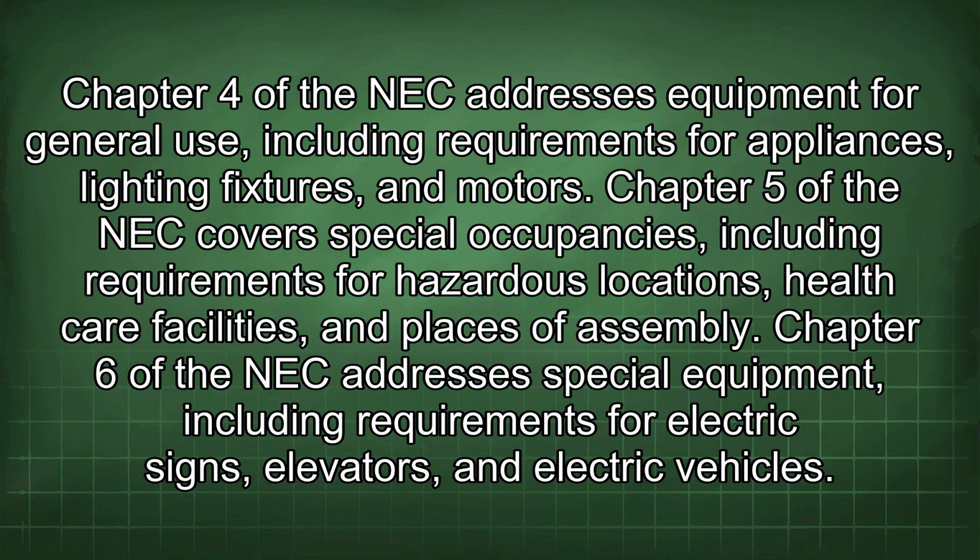Chapter 4 of the NEC addresses equipment for general use, including requirements for appliances, lighting fixtures, and motors. Chapter 5 of the NEC covers special occupancies, including requirements for hazardous locations, healthcare facilities, and places of assembly. Chapter 6 of the NEC addresses special equipment, including requirements for electric signs, elevators, and electric vehicles.